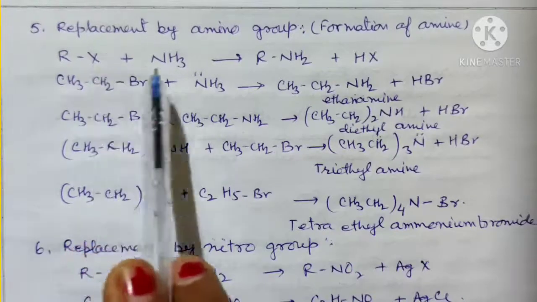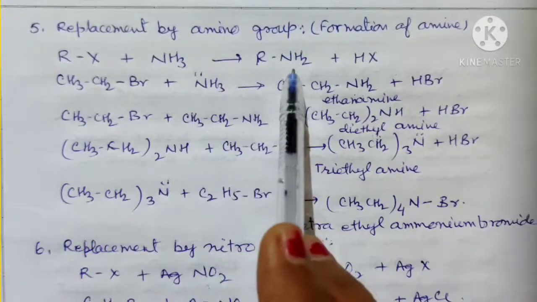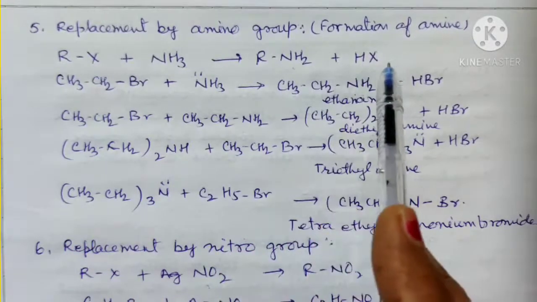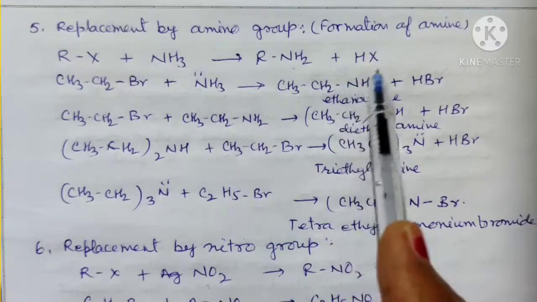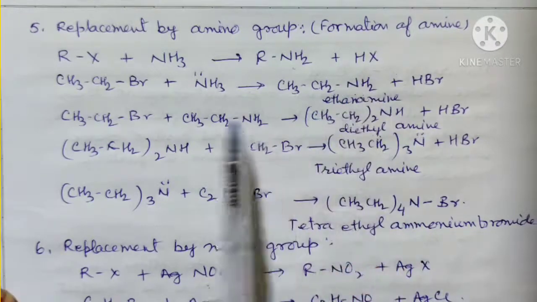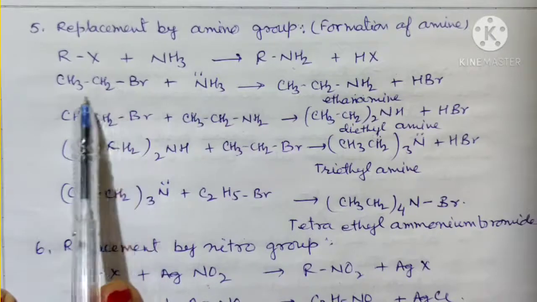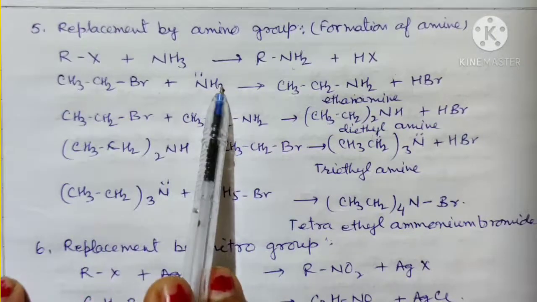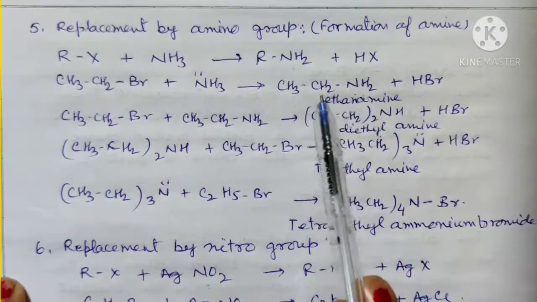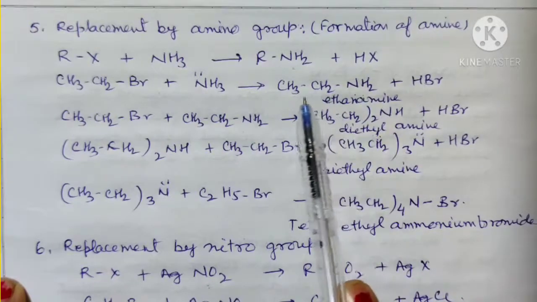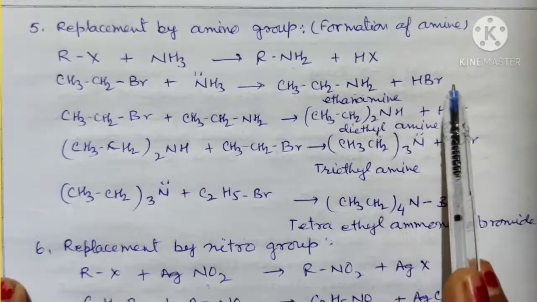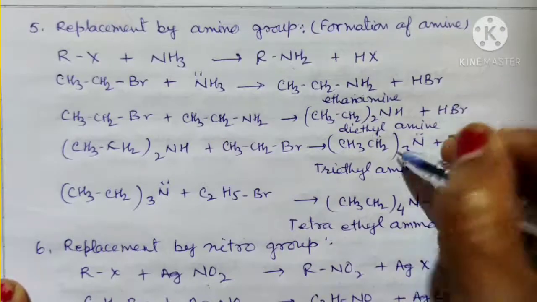So haloalkane when heated with ammonia is converted into primary amine, and hydrogen halide will form. Now we take one example, bromoethane reacting with ammonia. First it forms ethanamine, or you can say aminoethane, plus HBr.